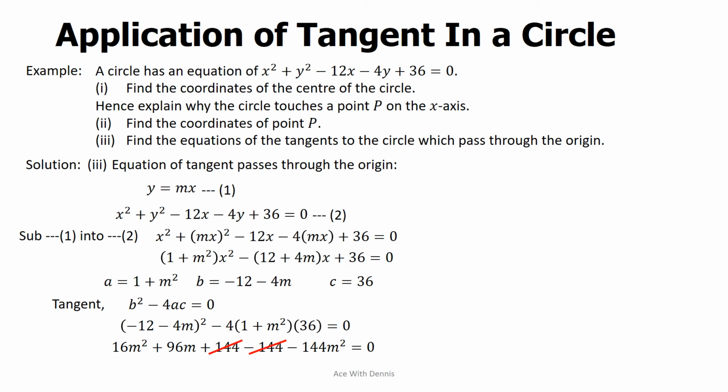So 144 minus 144, and it will be 96m - 128m² = 0. Simplify, becomes 3m - 4m² = 0. We factorize the m, and it will be m(3 - 4m) = 0, m = 0 or m = 3/4.